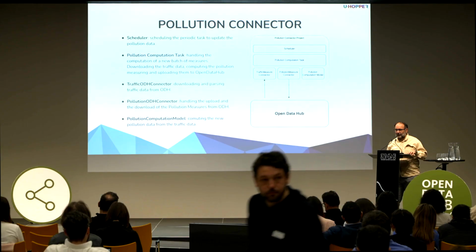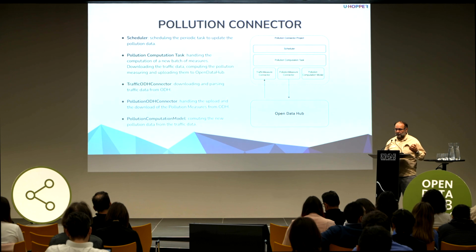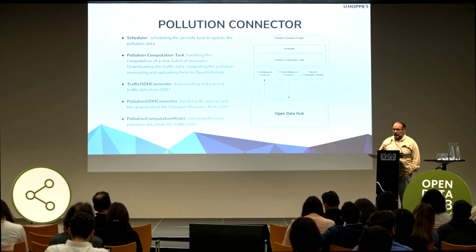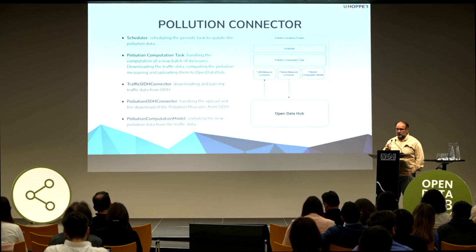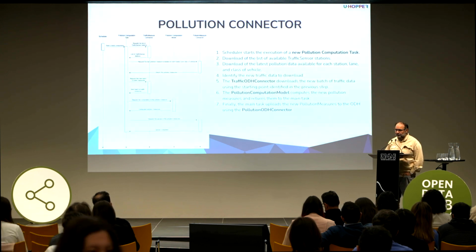And then we have a pollution computational task handling all the computation, so getting batches of real traffic data and pushing back the results. And we have a pollution computational model, which is called each time new fresh data can be pulled from the Open Data Hub.